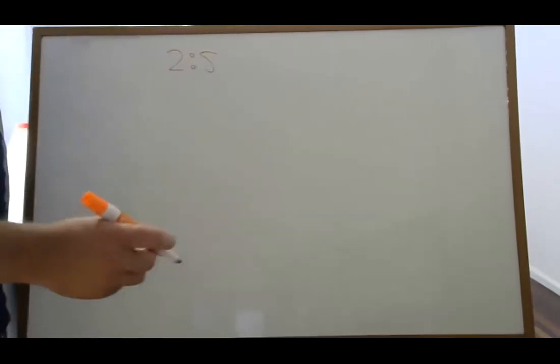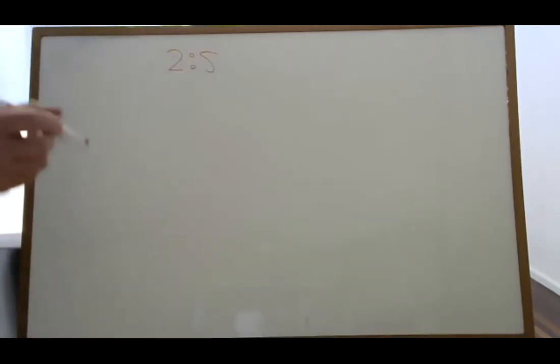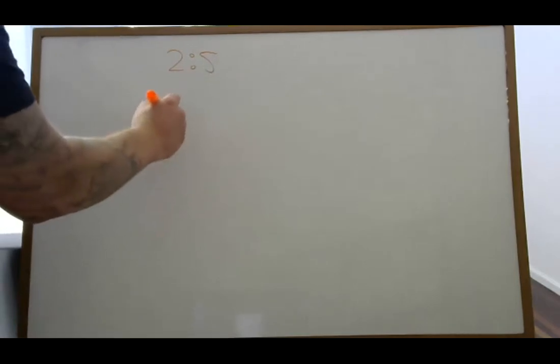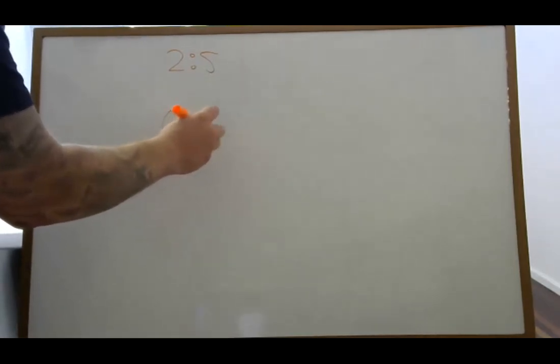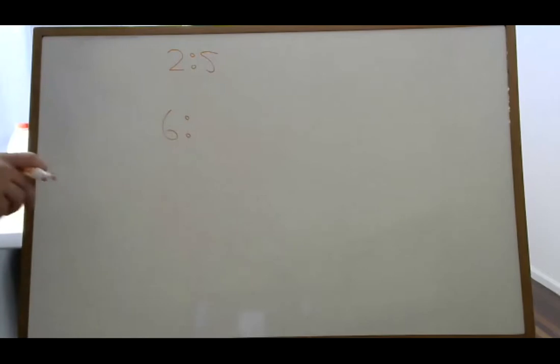All right. Pressure's on now. Let's go a bit more. So, ratio of 2 to 5. What would the number coming after 6 be?